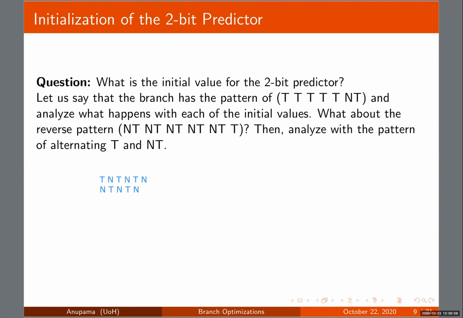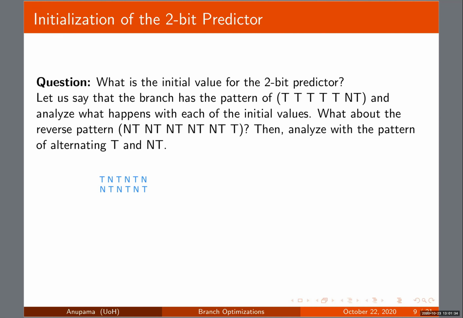This is the worst case that can happen when you have an initialization of 0, 1 and you have alternating T and NT, then every prediction can be wrong. Okay. So in fact, for any 2-bit initialization, you can find a pattern of branch behavior which will result in the worst case of every prediction being wrong. Okay.